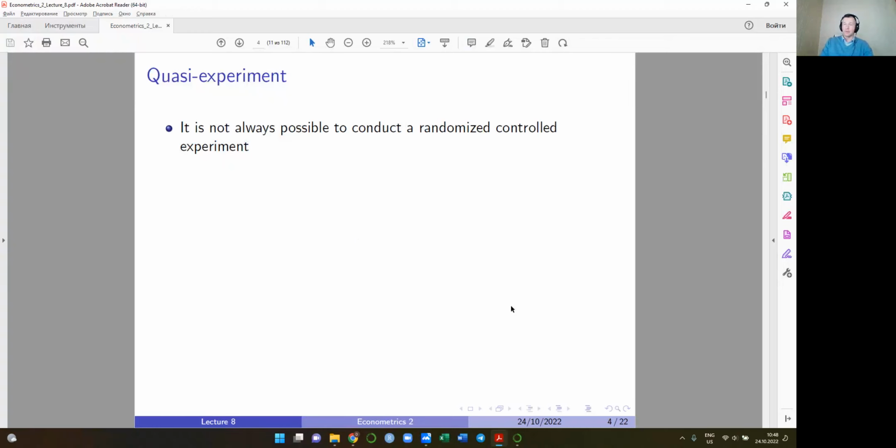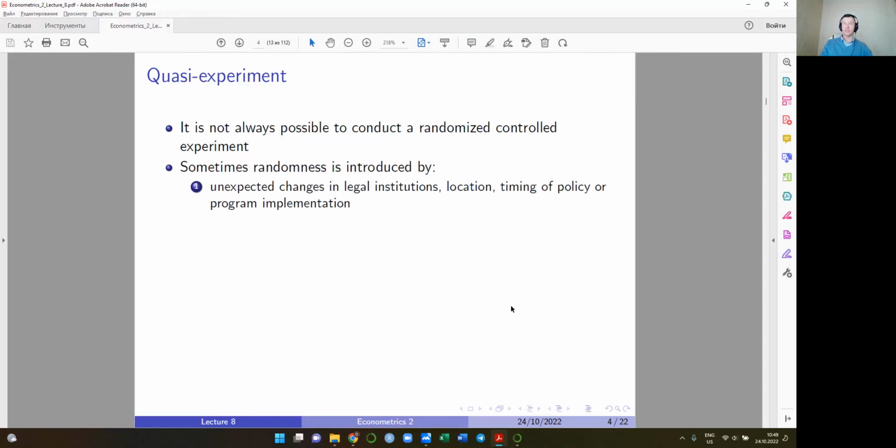Well, we know that it is not always possible to do, but sometimes if the circumstances are such that you can believe that randomness is introduced with the help of the circumstances, we can use this setting as a quasi-experiment. So what are these circumstances? For example, there is unexpected change in some legal institutions, location, timing of policy or program implementation.